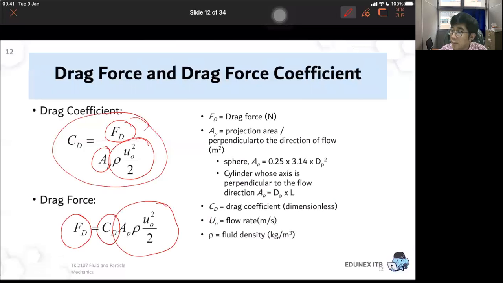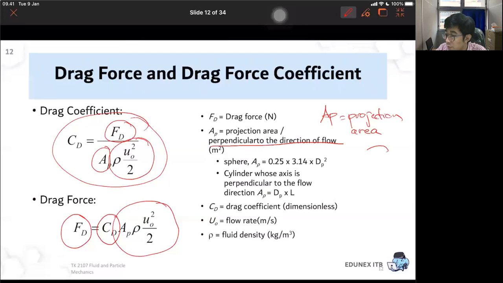But you need to pay attention: the area is the projection area. It means the area perpendicular to the direction of the flow.